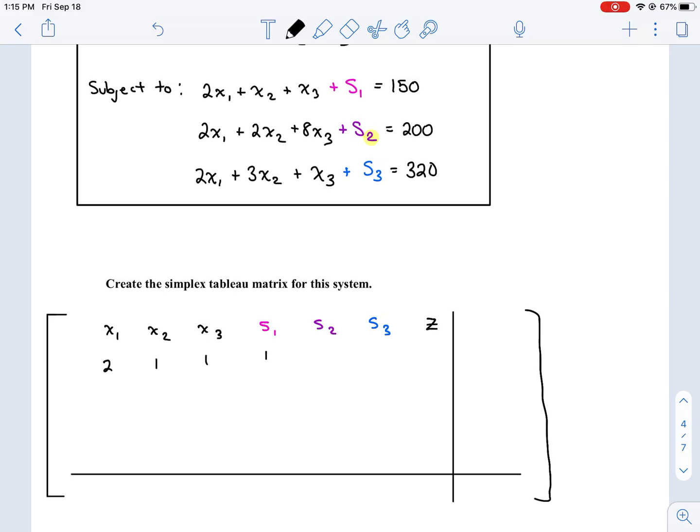Now, there is no second slack variable in the first constraint, and there's also no third slack variable in the first constraint, so we're going to write those as 0, 0. There's also no z in the first constraint, so I'm going to write a 0 there also, and then place the 150 at the very end.